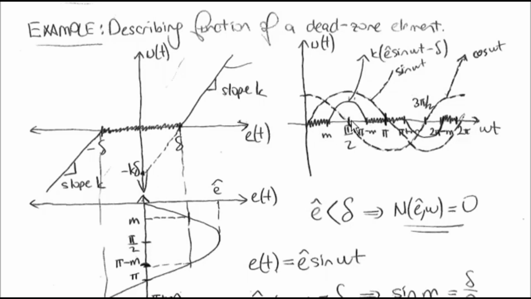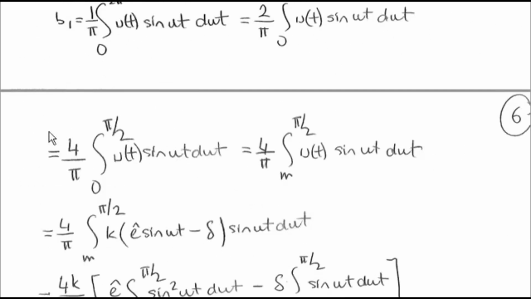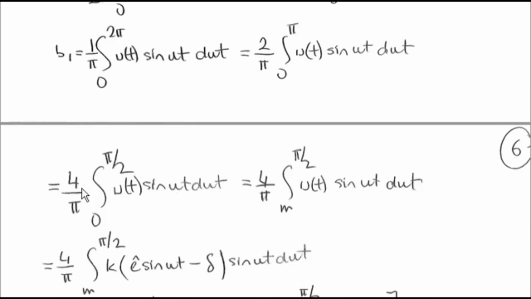So here, therefore, I can actually take only the integral from 0 to pi over 2 and multiply the result with 4. There are 4 such integrals between 0 to 2 pi. So the actual result is going to be 4 times the integral from 0 to pi over 2.